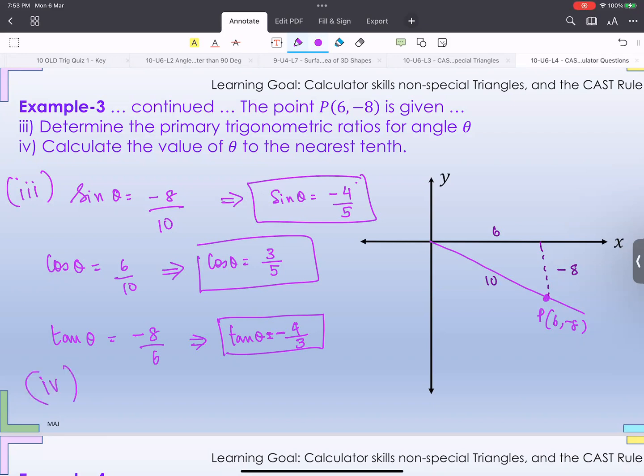For the fourth part, calculate the value of theta to the nearest tenth. I'm going to use tan inverse of negative 4 over 3. So theta is tan inverse of negative 4 over 3. Plug that into your calculator, and we are working in degrees.